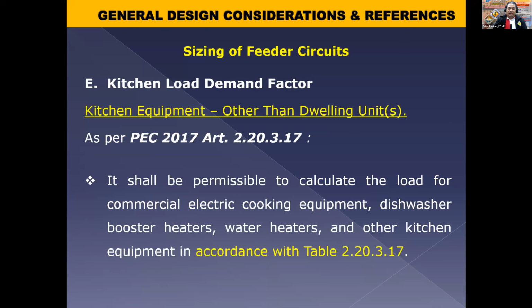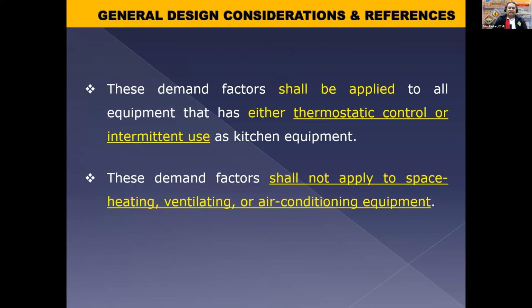So, for kitchen equipment, meron din tayong table diyan, 2.20.3. This demand factor should be applied to all equipment that has either thermostatic control or intermittent use as kitchen equipment. Pero hindi ito applicable sa mga space heating, ventilating, or aircon.